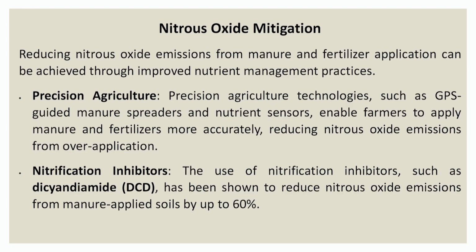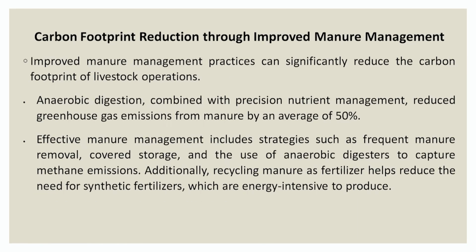The first is precision agriculture technologies such as GPS guided manure spreaders and nutrient sensors, which enable farmers to apply manure and fertilizers more accurately to reduce nitrous oxide emissions from over application. And then nitrification inhibitors such as dicyandiamide, also known as DCD, which can reduce nitrous oxide emissions by up to 60% from manures.